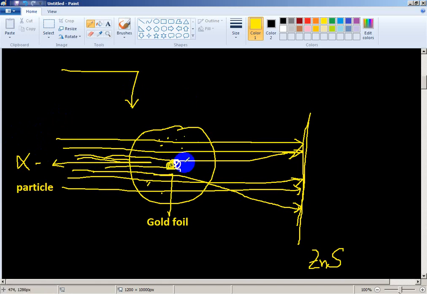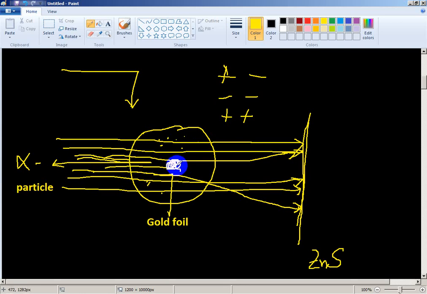The particle is deflected; attraction does not occur, reflection occurs. Repulsion occurs. We know positive and negative attract, negative and negative repel, positive and positive repel. So here repulsion occurs at the center.